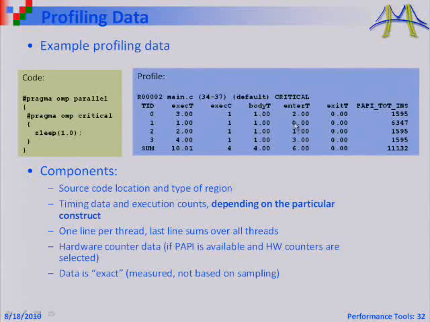In this case, thread number 1 had 0 seconds waiting time, thread number 2 had 1 second waiting time, then thread 0 entered, and the last one was thread number 3. So this gives you basic information of what happened in your program, how much time you spent in the total construct, and how much time you spent waiting, for example, to enter critical sections.